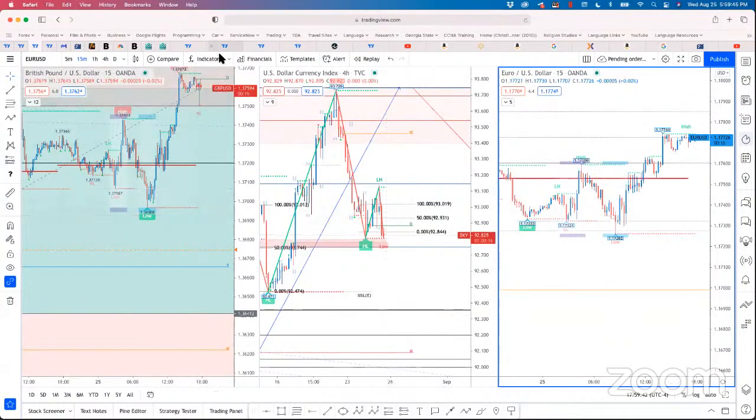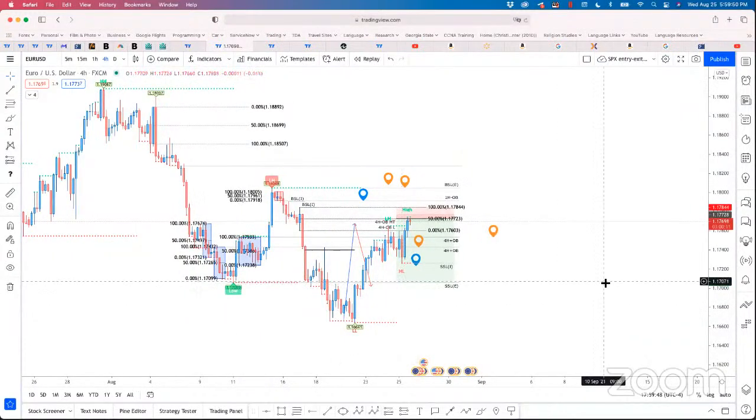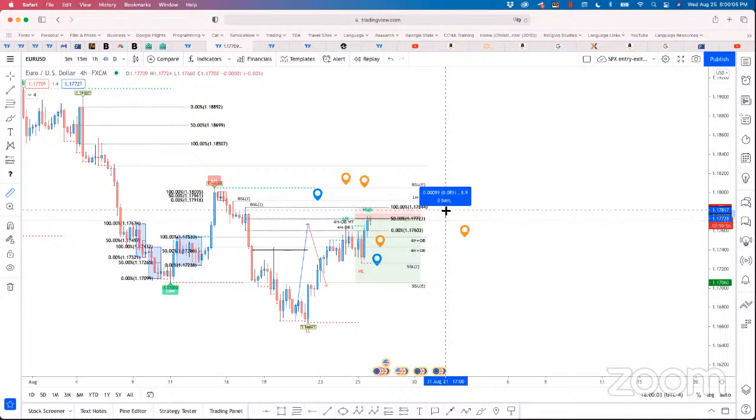And then EU, same thing, right? I put the entry at this order block right here at 50%, and it wicked me in. So I will be willing to let this go into drawdown. It's not going to be that much. This one's only like an 11 pip stop loss, 12 pip stop loss.